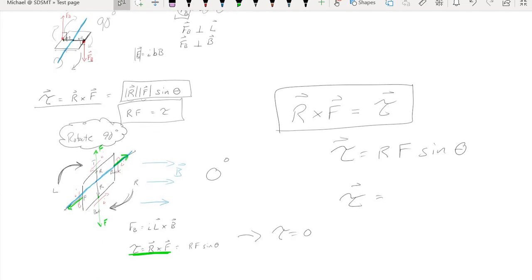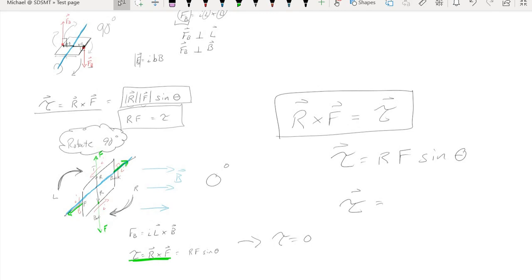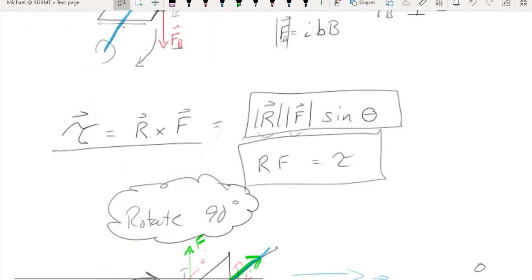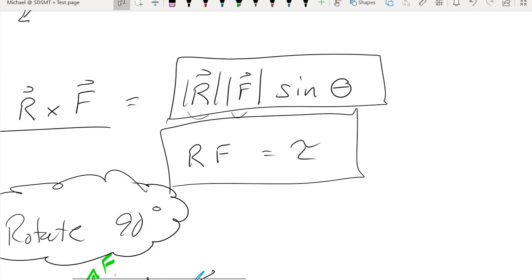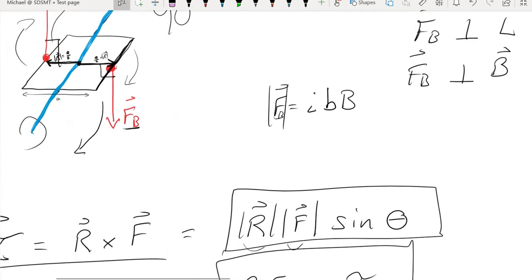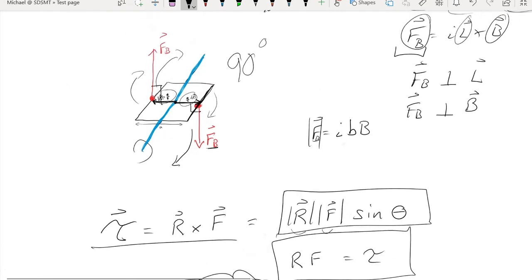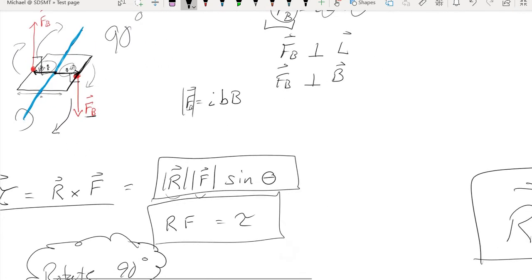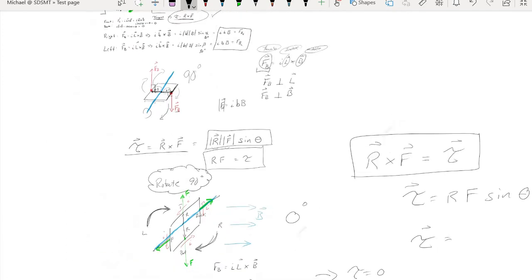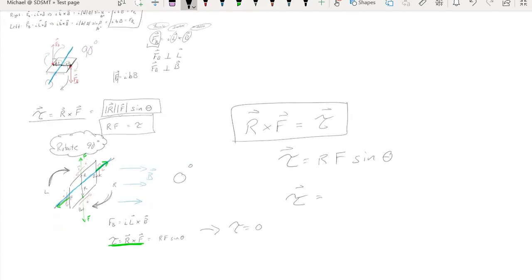We said that when we looked at the radial position that our forces were acting on, the radial positions were A over 2. So I'm going to replace the magnitude of the radius with A over 2.